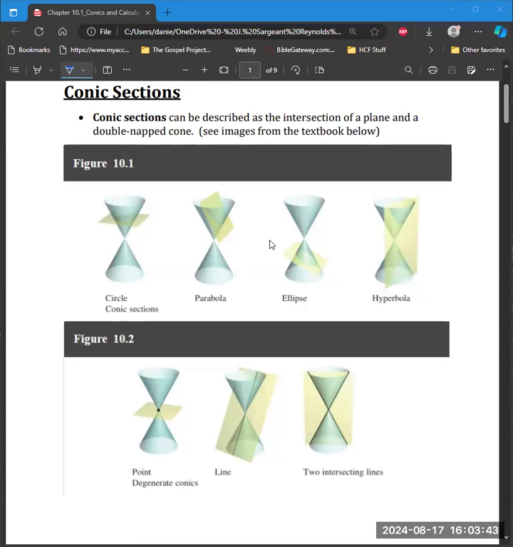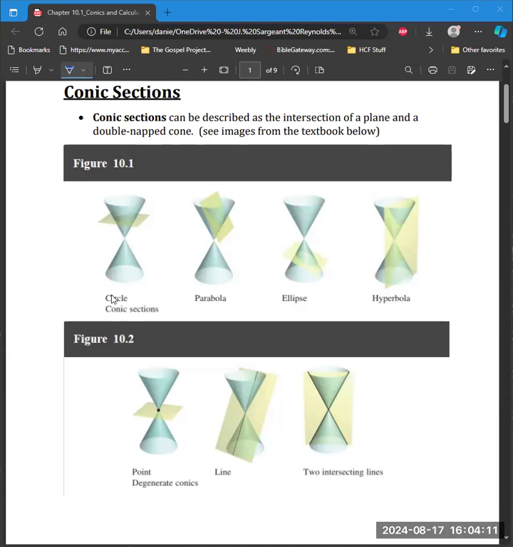We've already talked in geometry and algebra about points and lines and intersecting lines, and those are degenerate conics. But we're going to be talking about these conic sections here: a circle, where the plane intersects the cone in such a way that the outline traced is a circle.